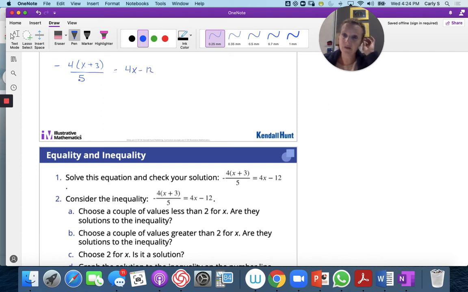Okay, I don't like fractions, so I'm going to multiply everything by 5. And that cancels this one out. So the left side of the equal sign, the 5 is gone, and then the right side, I multiply it through. 20x minus, I think it's 60. Yep.